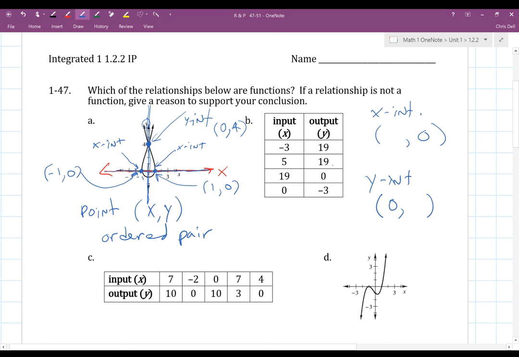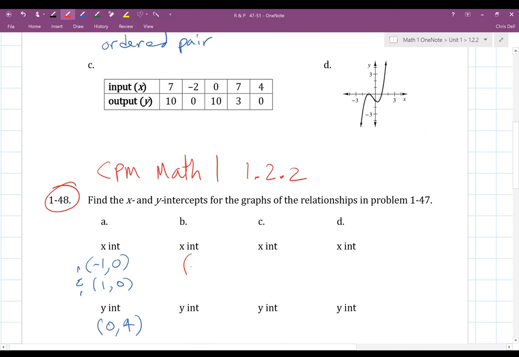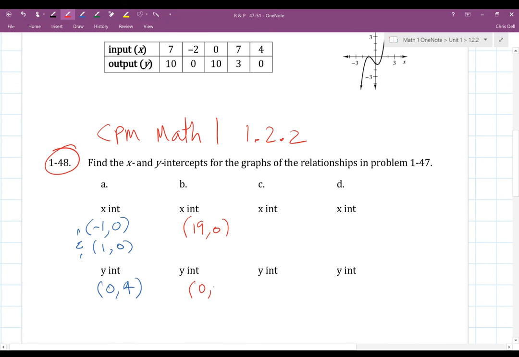So which of these points would have 0 for the y? Well, that one right there, the 19. So 19 comma 0 is the x-intercept because the x is 19, the y is 0. The y-intercept would be this point here where x is 0 and y is -3. So we'll transpose those down here. The x-intercept was 19 comma 0 and the y-intercept was 0 comma -3.